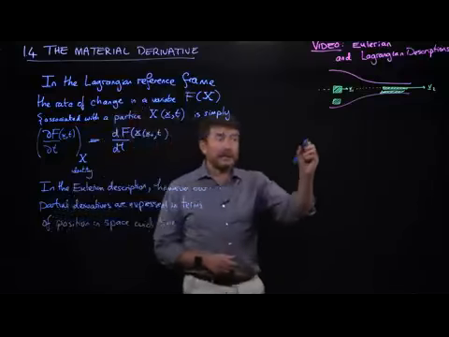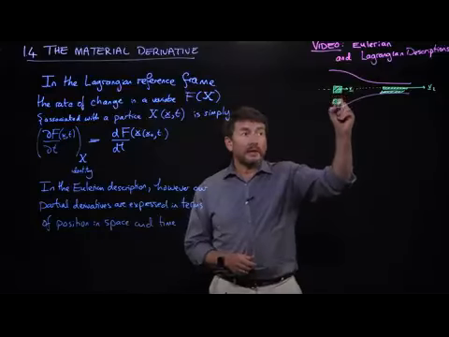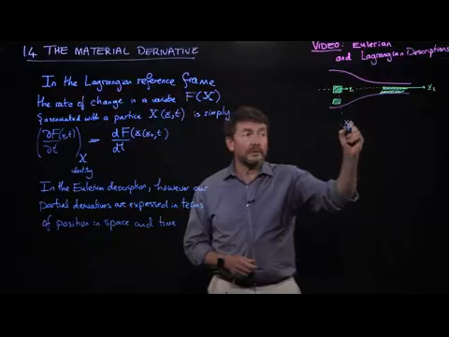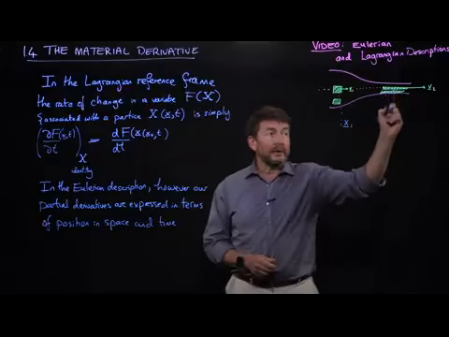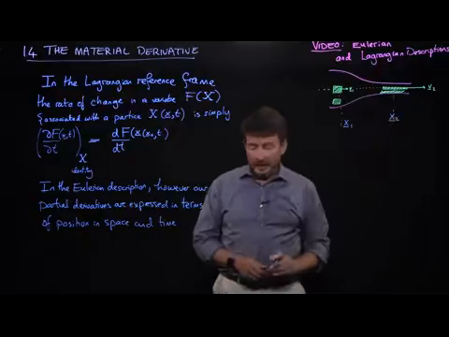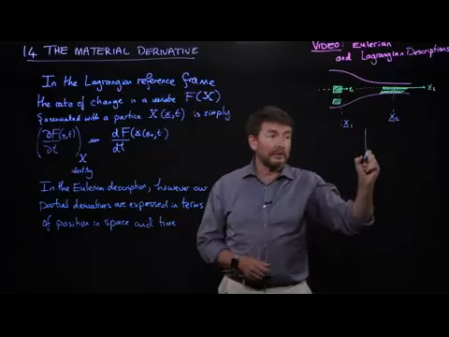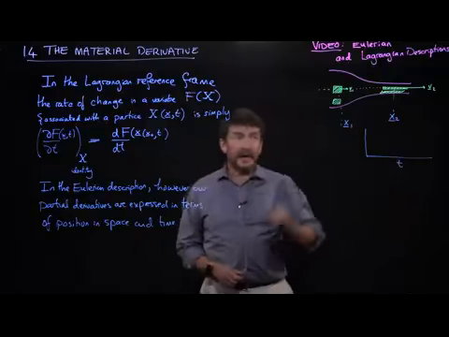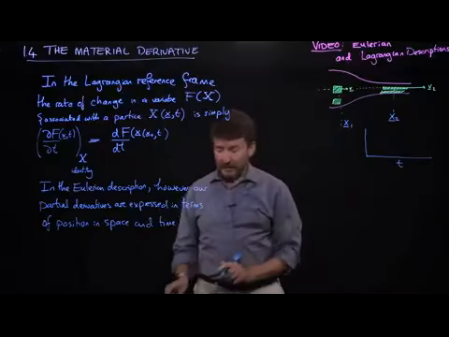By which I mean that typically in an Eulerian description, I might have a sensor that I could put into the flow at position 1, and another sensor that I could put into the flow at position 2, and I could plot what the velocities look like as a function of time, as maybe I turned a valve up and down here.